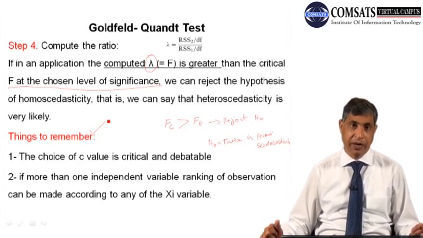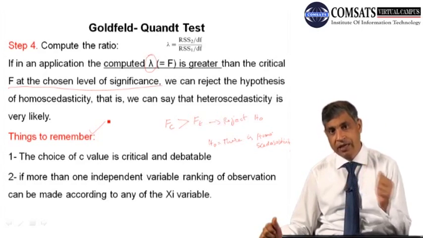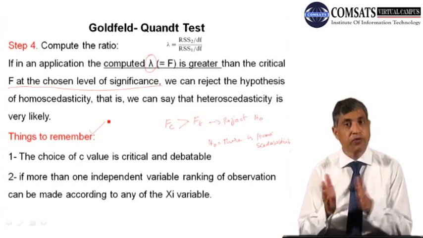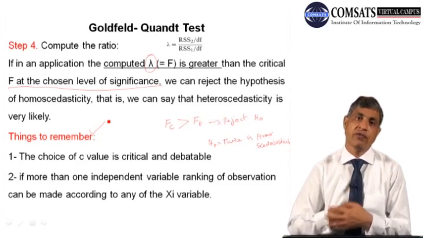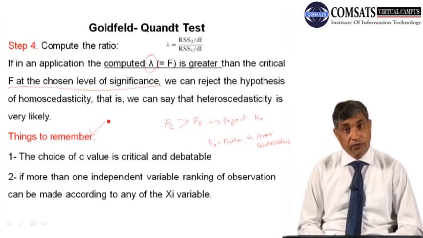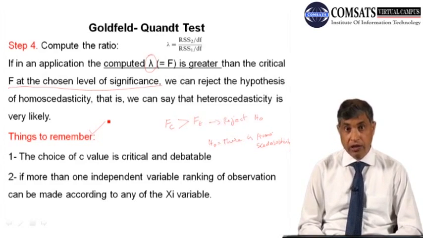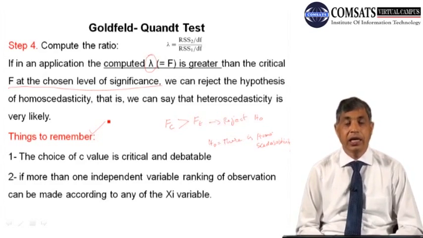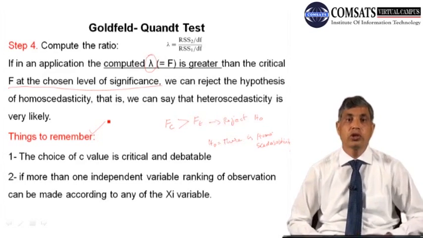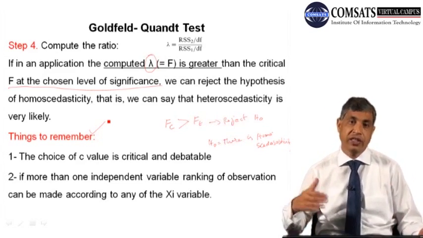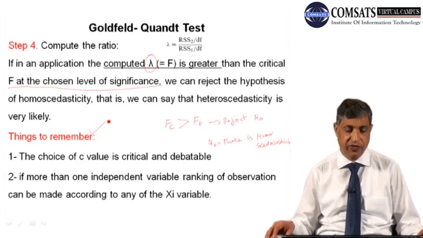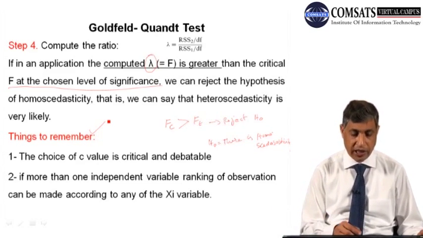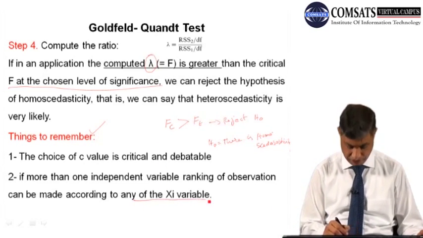This was the case of one independent variable, because if you remember, we ranked according to x. But if there is more than one independent variable, no need to worry; you can arrange the observations with respect to any of the independent variables, any of the Xi variables.